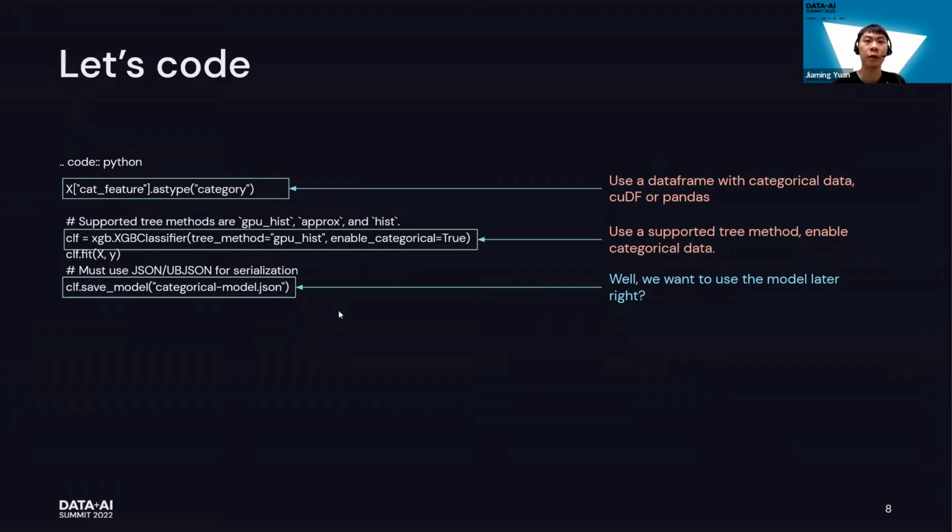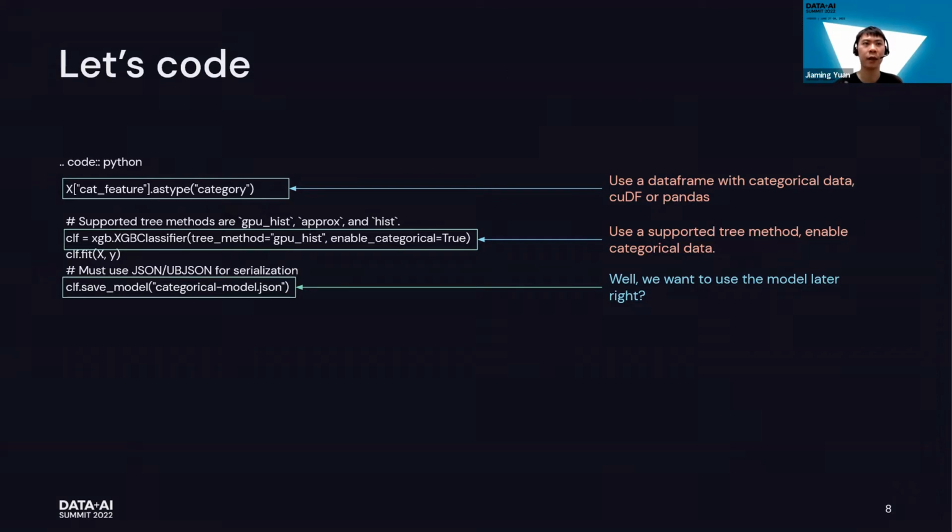We don't have live coding here, so I will show some code snippets around various features of XGBoost. This one is about using categorical features with XGBoost. It's quite easy if you are using Python. The first step is to use a data frame, either cuDF or pandas, and set the features that are categorical as the category type, and then supply it to XGBoost.